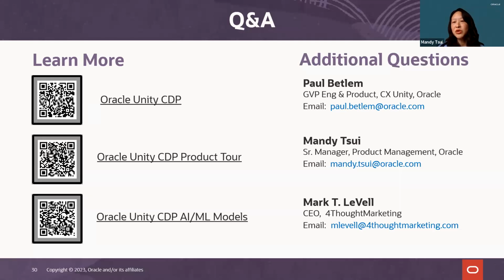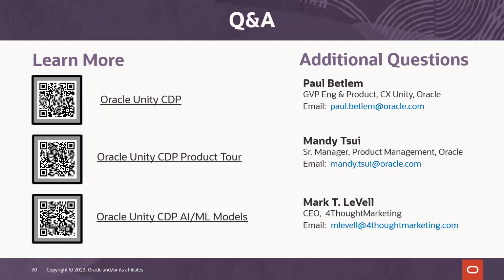We also have the integration, which is also native and quick to set up. Once your campaigns have run in Eloqua, you can easily bring that data back into Unity. And there are reports and insights you can gain within Unity to understand how well those campaigns have performed, and even compare different campaigns and how the audience within each has performed. We have native integrations there because both are Oracle products, so they're very seamless.